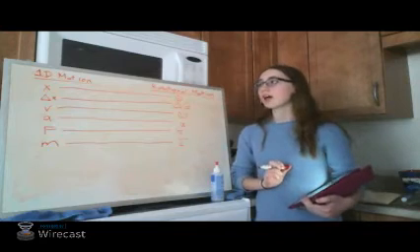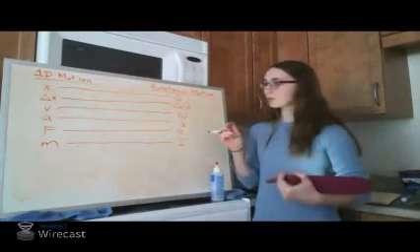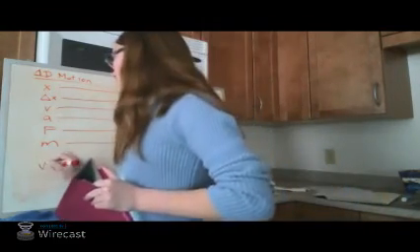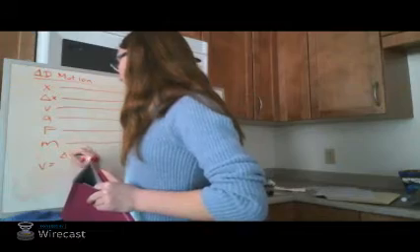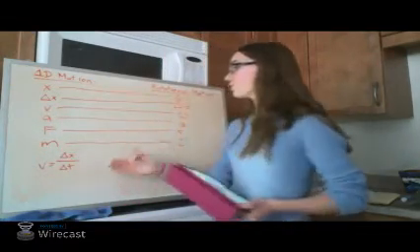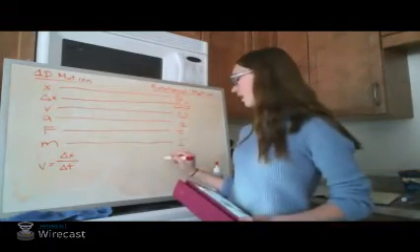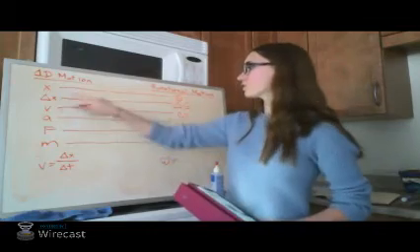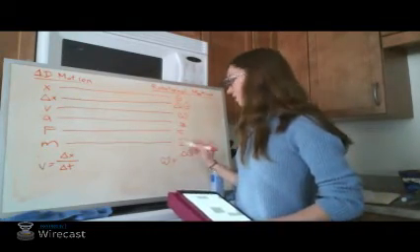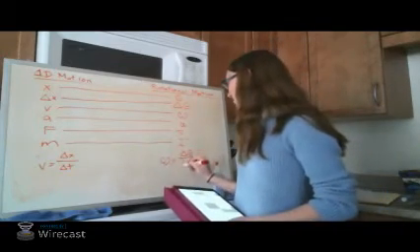Hopefully that helps. You can use the same equations with these. You know how velocity is equivalent to displacement divided by change in time? Well, we can do the same thing over here. Angular velocity is equivalent to angular displacement divided by delta t, because time is always the same.